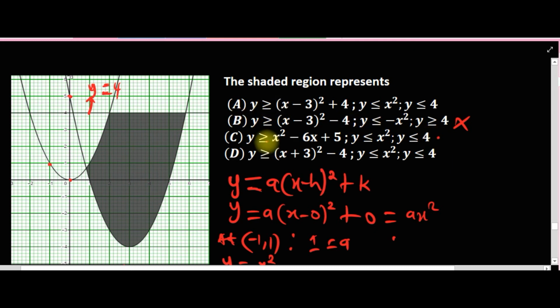Let's test using a point inside the shaded region. Let me choose a point that will give a smaller value. So this is at point 2, 1.